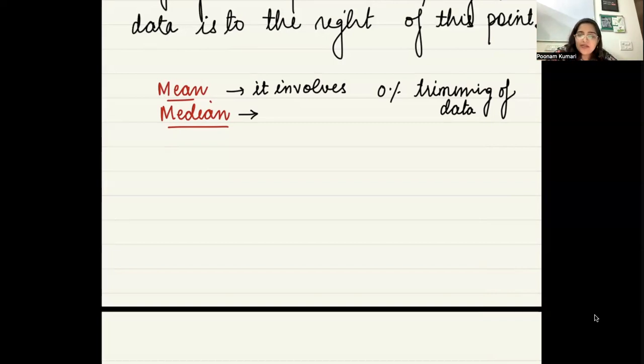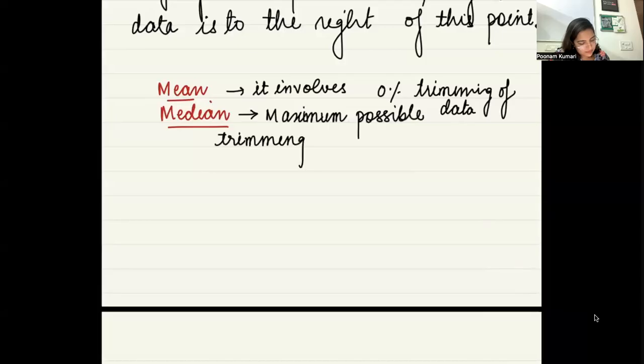So whenever we talk about median, there is maximum possible trimming of data. So what is happening? No trimming here, 0% trimming here, maximum possible trimming here.